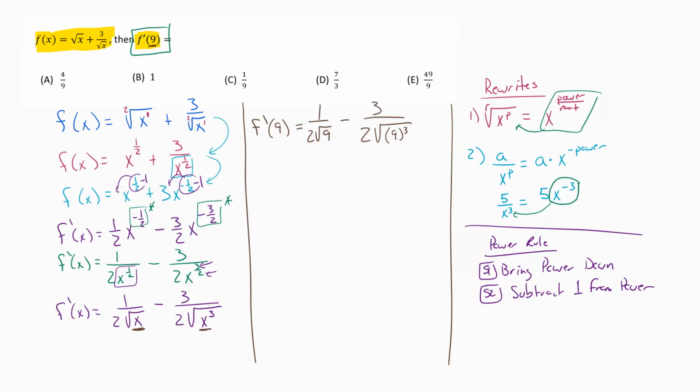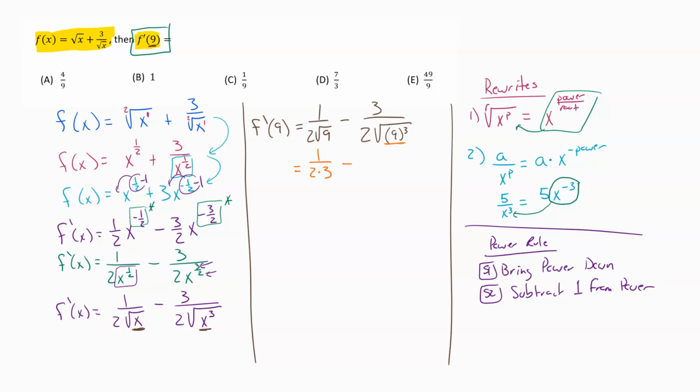So as you come to do this right now, you've got no calculator, which is fine for the first one because you end up with 1 over 2 and the square root of 9 is 3. Then you come over to this next one and you're like, oh my goodness, do I really want to cube this 9 and then try to take the square root of it? Well, the beautiful thing about this is you really can rewrite it.